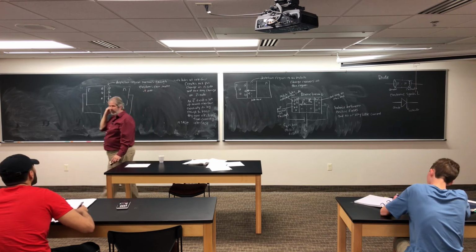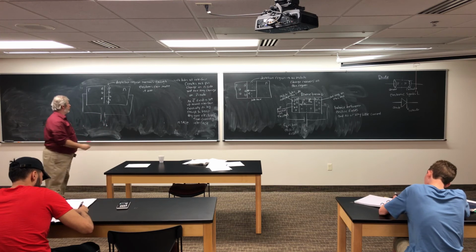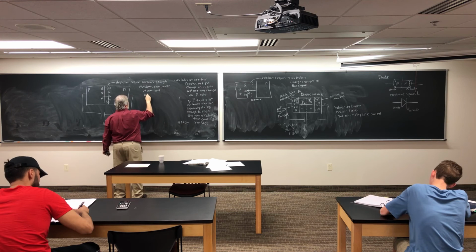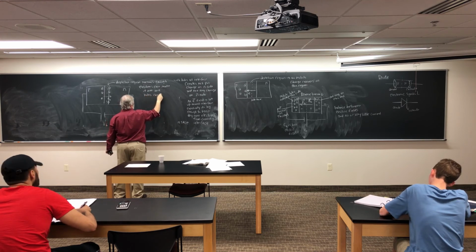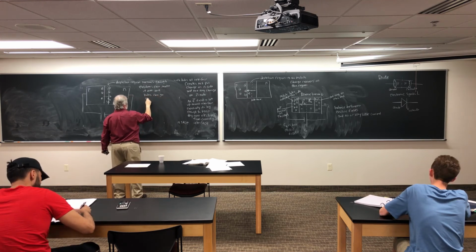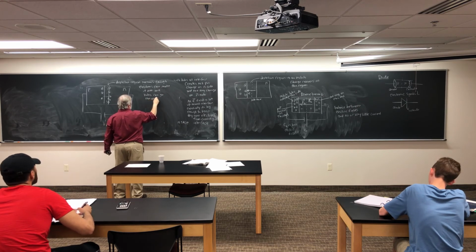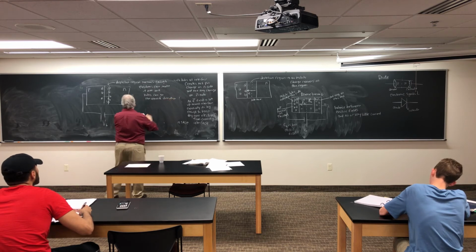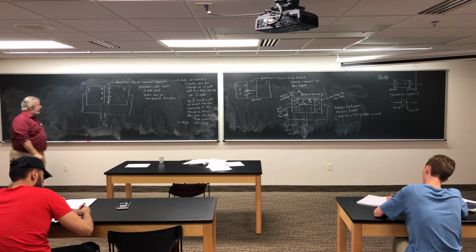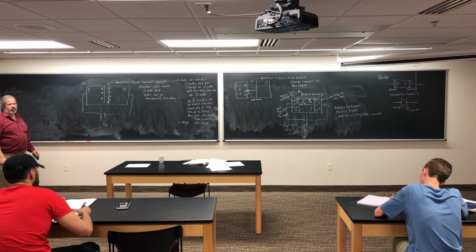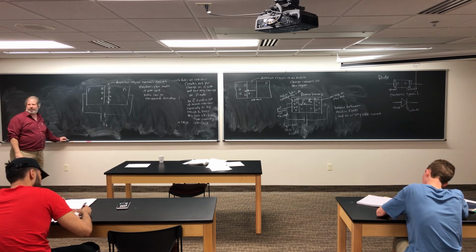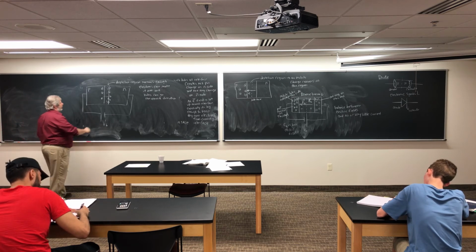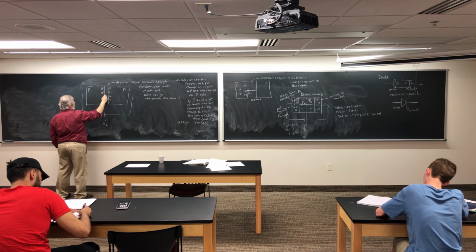And holes might be able to jump over the opposite way too. So what is our battery doing? It's supplying us with a supply of electrons, right? So we have electrons that can jump over.